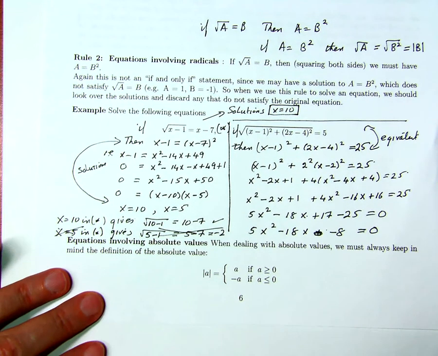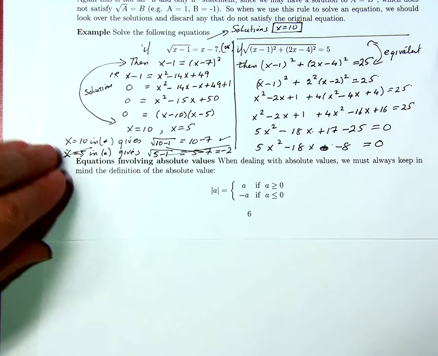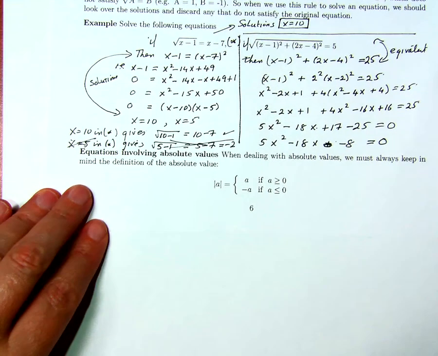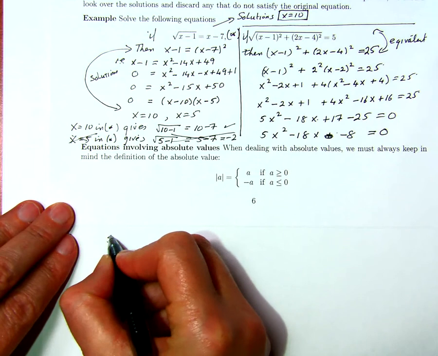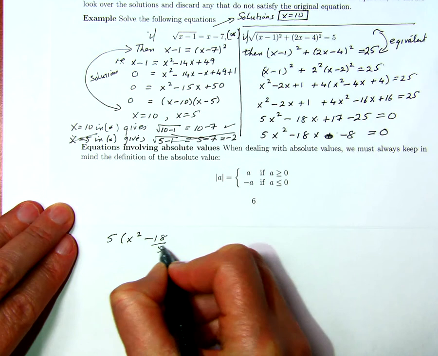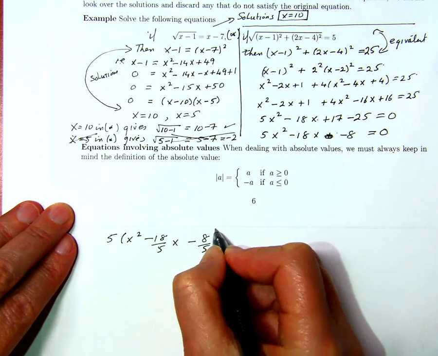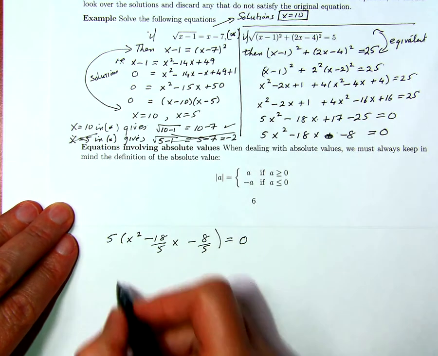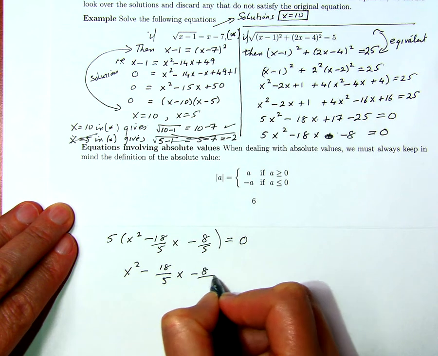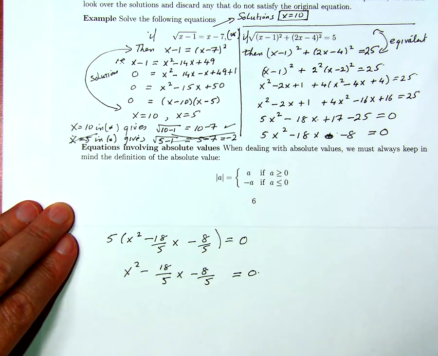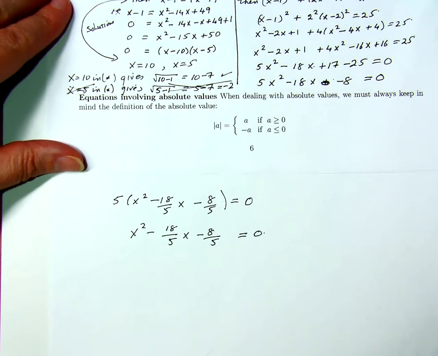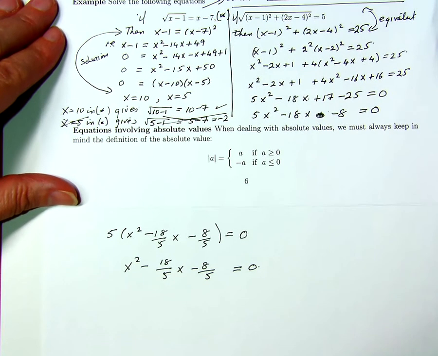Okay, I'm going to calculate this on a separate sheet of paper, so I need to find the solutions to that equation. And it's not obvious what they are, so I'm going to pull out that 5 and use the quadratic formula. Now you can see that these are not very friendly numbers, but nevertheless we should be able to deal with them using our quadratic formula.